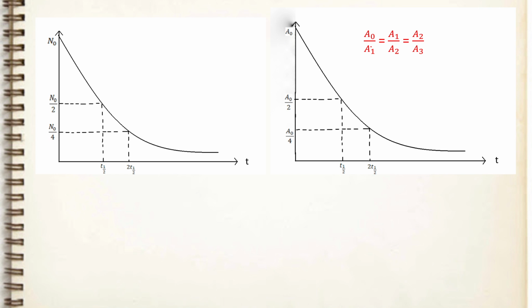If I take equal time intervals, so let's say this is T, and similarly this is 2T, and this is 3T, so the time interval is basically time T, right?